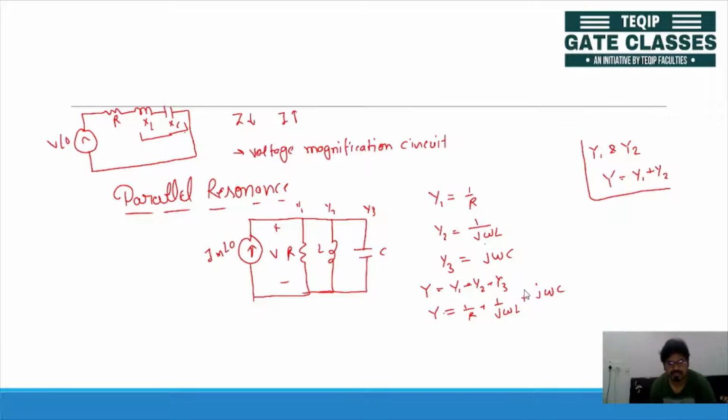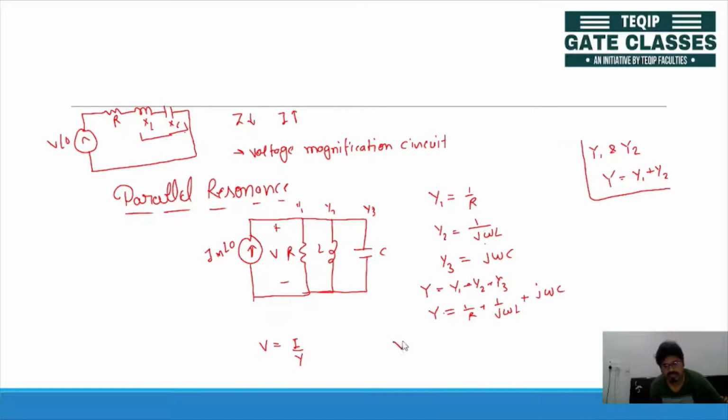Okay, is it clear? Now what will be the voltage V? It will be I by Y. I into Z is the voltage, and you can write Z as 1 upon Y, by Ohm's law.